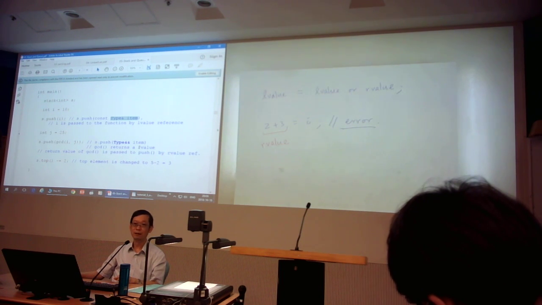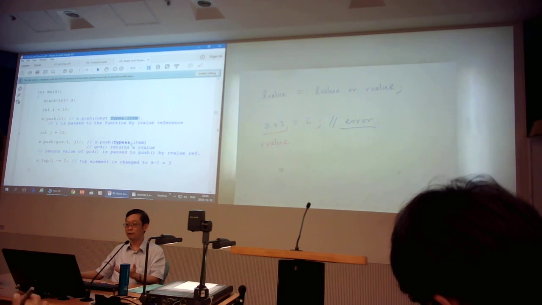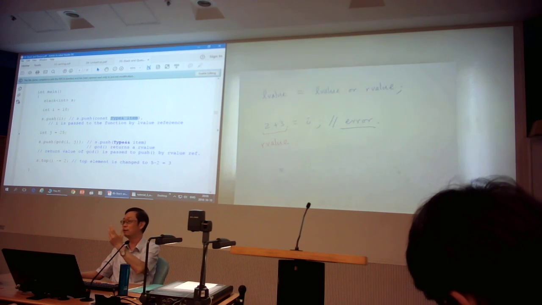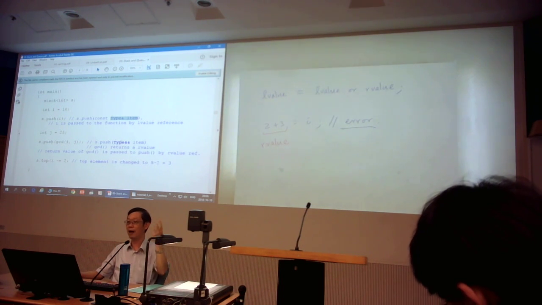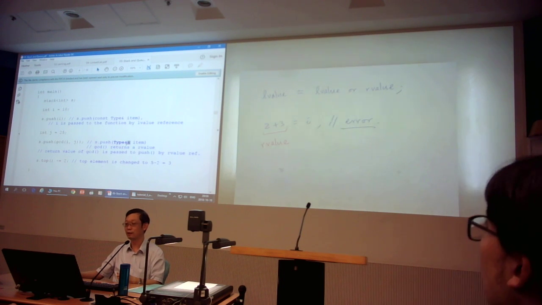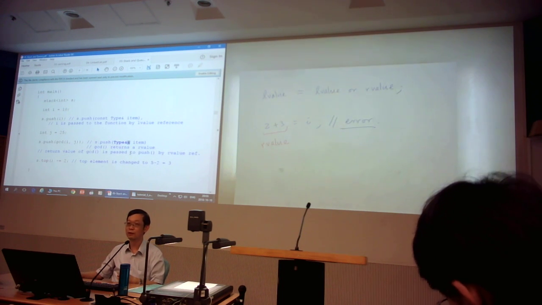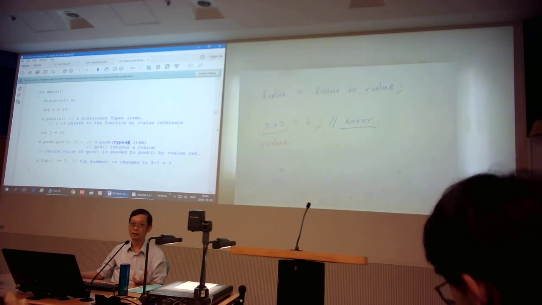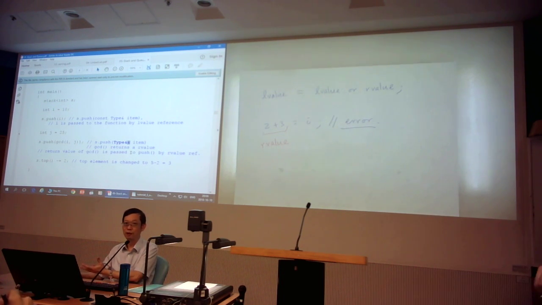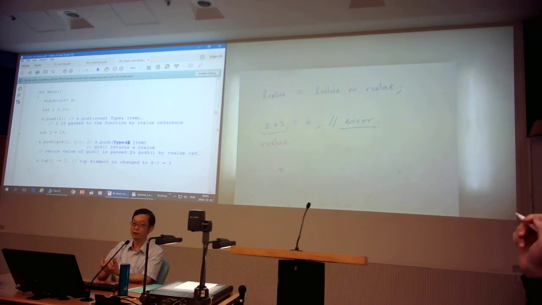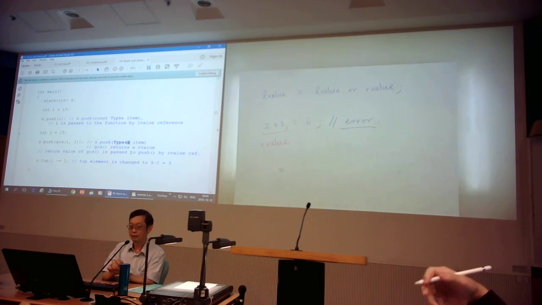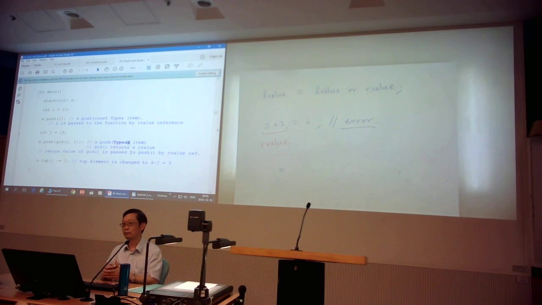Now you may wonder why we did this. Why don't we just define that a push function receives the parameters by value? Why must it always be by reference? The point is, in general, when you are using a stack, in some applications, you are pushing some data object onto the stack, and that data object can be a large object.